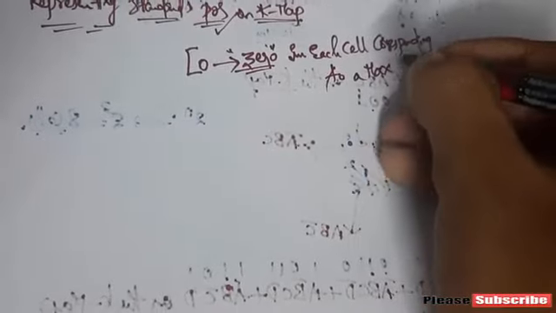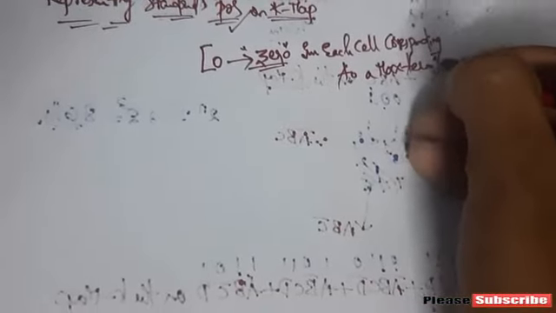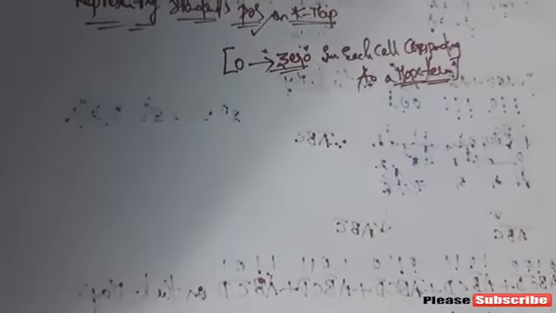In SOP form, we take 1 as the min term. Here in POS form, we will take 0 in each cell corresponding to a max term.